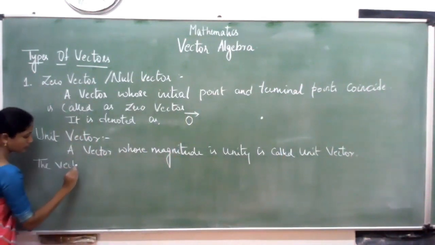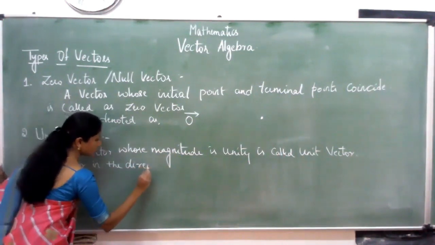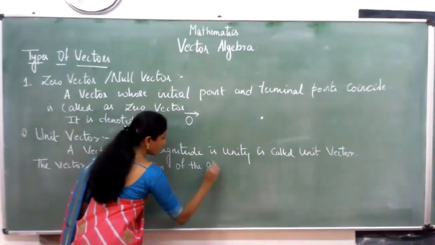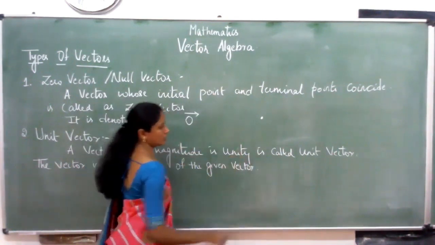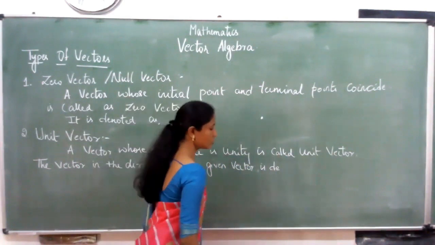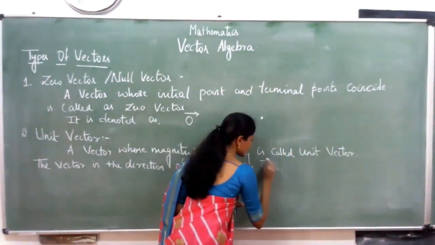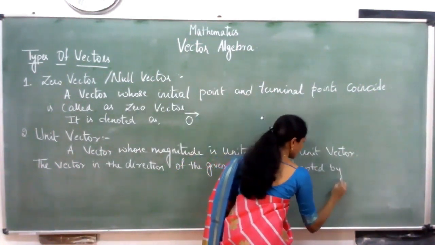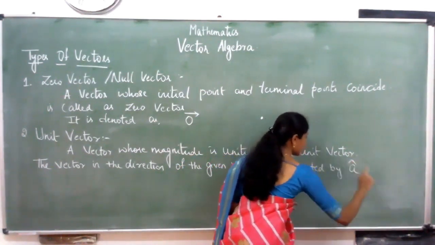So the vector in the direction of the given vector A is denoted by, the unit vector is denoted by A cap.